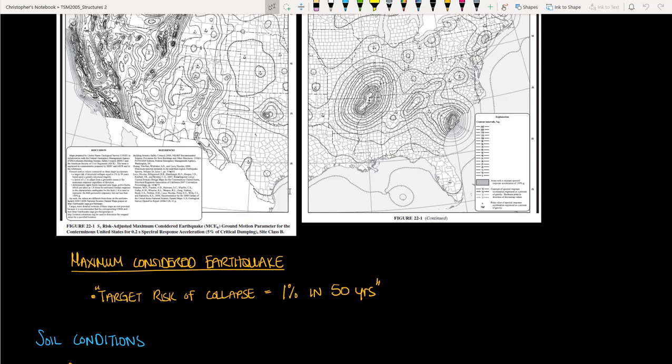So there is a 1% chance every 50 years that a building designed to withstand these ground accelerations may collapse. In reality, the chances are probably much lower than that once you consider all the other factors of safety that are involved in the design of a structure.